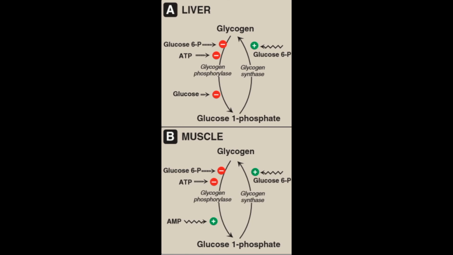Okay, now let's look at allosteric regulation. So in the well-fed state, glycogen synthase B in both liver and muscle is allosterically activated by glucose 6-phosphate, which is present in high concentrations. Now, in contrast, glycogen phosphorylase A is allosterically inhibited by glucose 6-phosphate as well as by ATP.